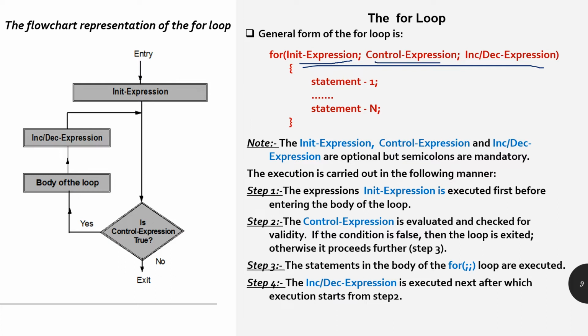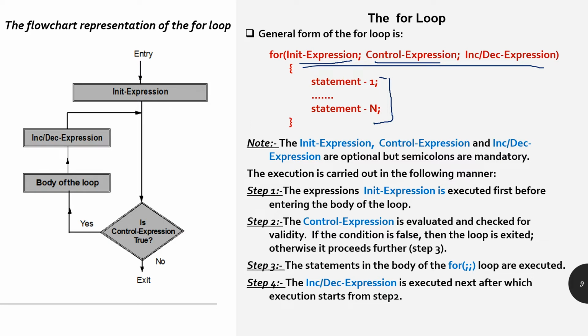condition expression. If it is true, then the body will be executed. Then after executing this, what will happen? Increment or decrement will happen, and again the condition will be checked and the body will be executed.